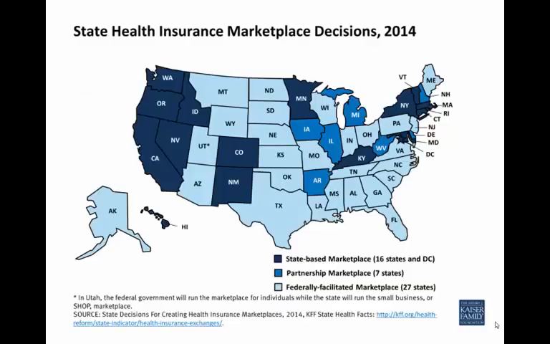This map is from the nonprofit Kaiser Family Foundation, and it shows how states have decided to handle their health insurance exchanges. As you can see, in Ohio, we were supposed to go to the federal website. So the 14 state-run exchanges, originally 15 plus DC, have had mixed success so far.